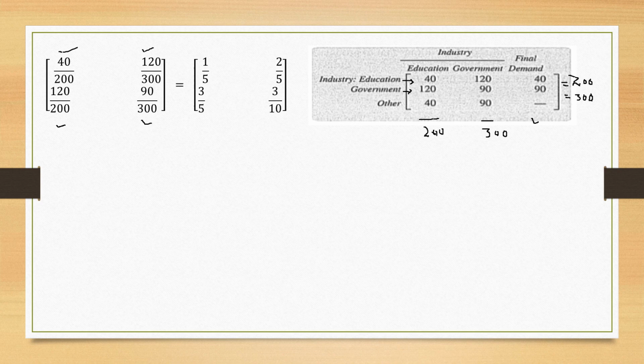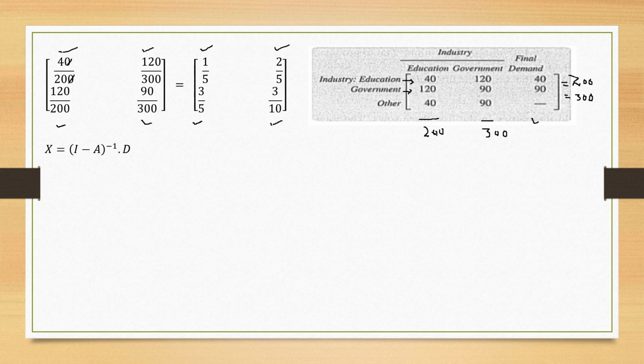Cancelling zeros, 40 by 200 becomes 1 by 5, the second is 2 by 5, the third is 3 by 5, and the fourth becomes 3 by 10.